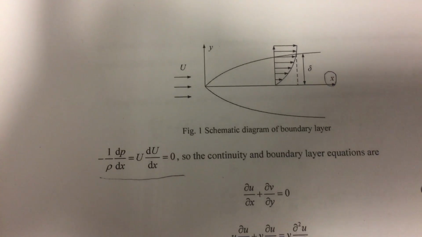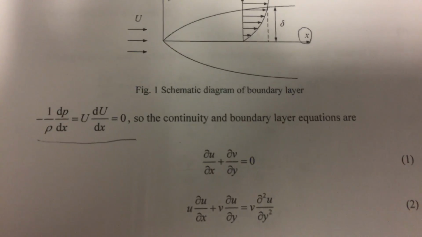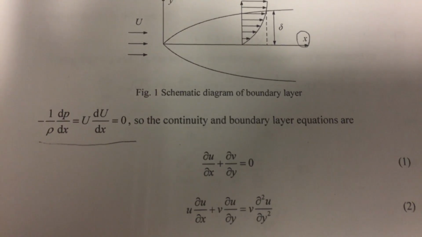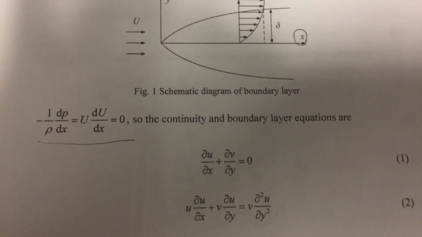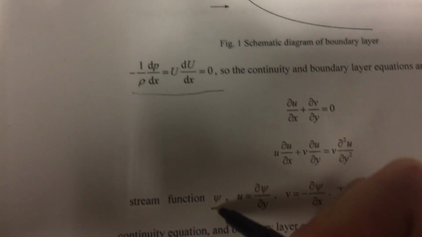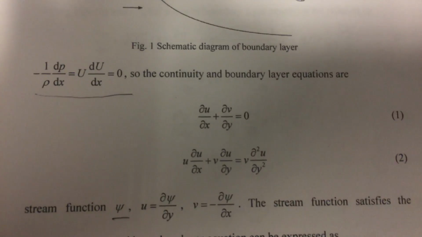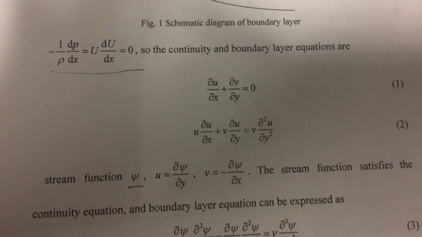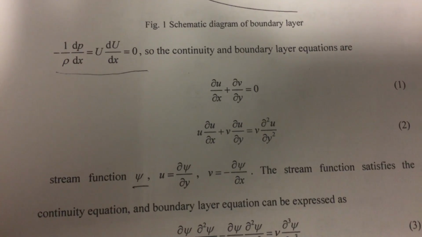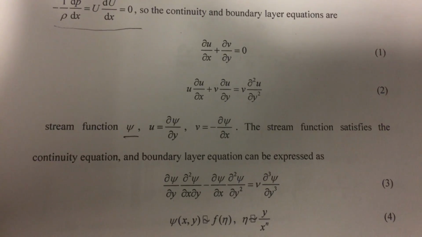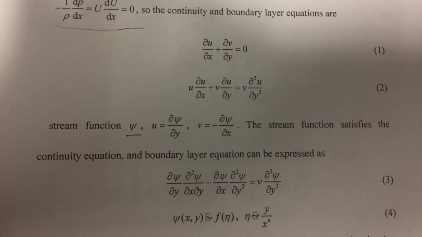So the continuity and boundary layer equations are shown below. This is expressions 1 and 2. So in order to combine the two equations into one equation, we introduce the stream function, big phi. After that, the stream function satisfies the continuity equation and the boundary layer equations, and they can also be expressed as expressions 3 and 4.